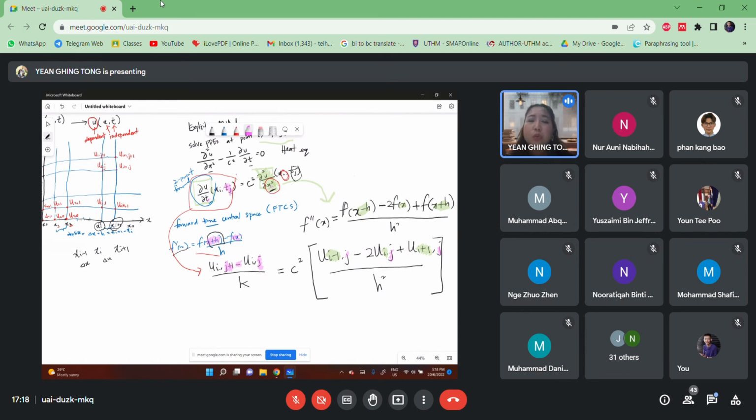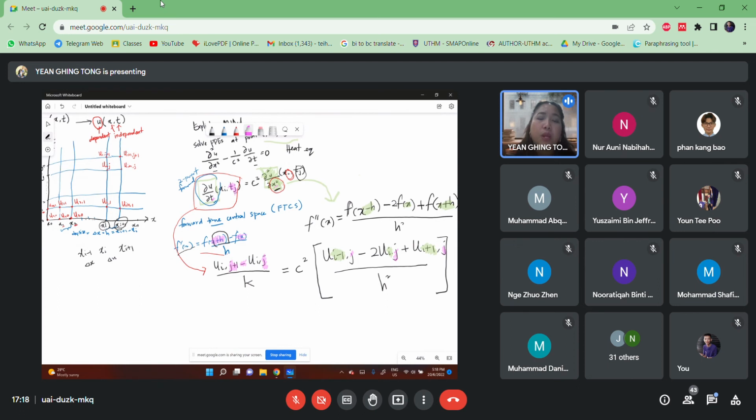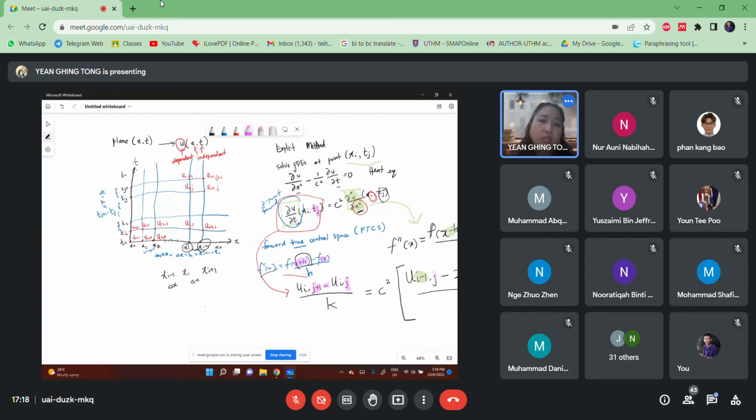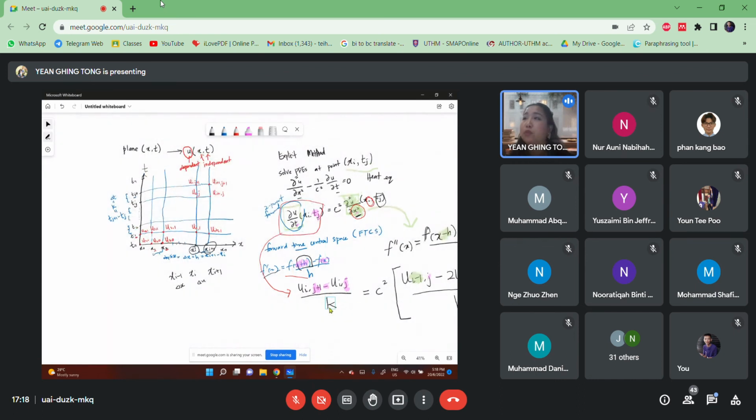And because this one is t, tadi saya dah inform that normally when we say the step size, kita guna symbol k. We use this k. So that's why here over k, bukan over h. Awak jangan tukar because if let's say this one is del t, that means you have to use k.